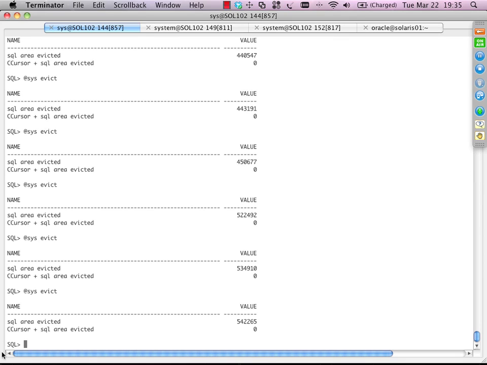So this statistic called SQL area evicted is a good indicator. But what does it mean? It means that somebody has thrown an execution plan out of the shared pool. SQL area is the execution plan.